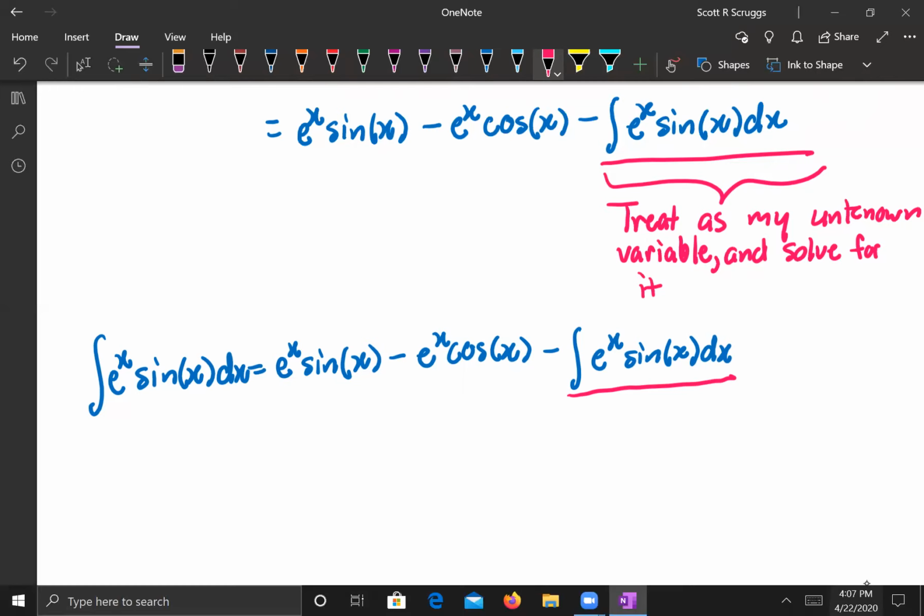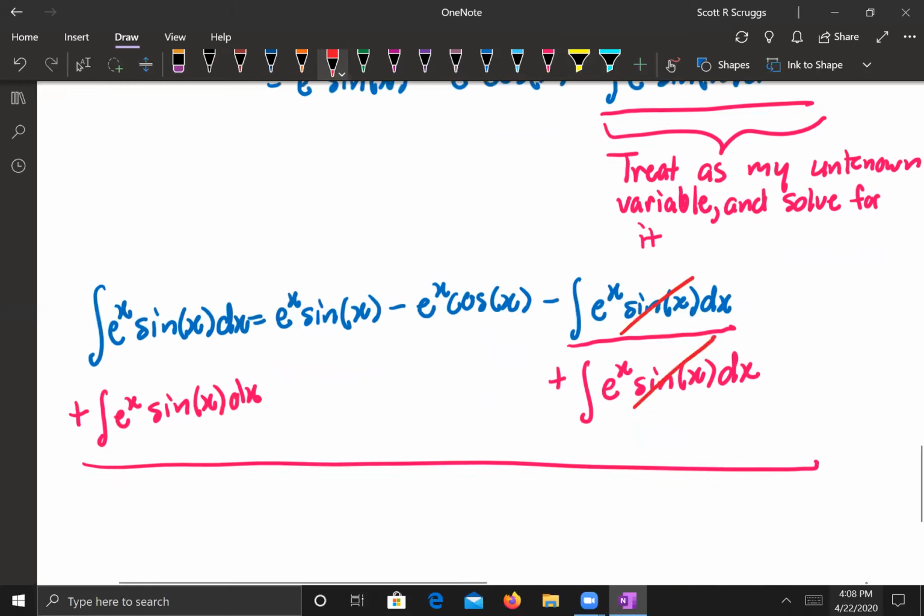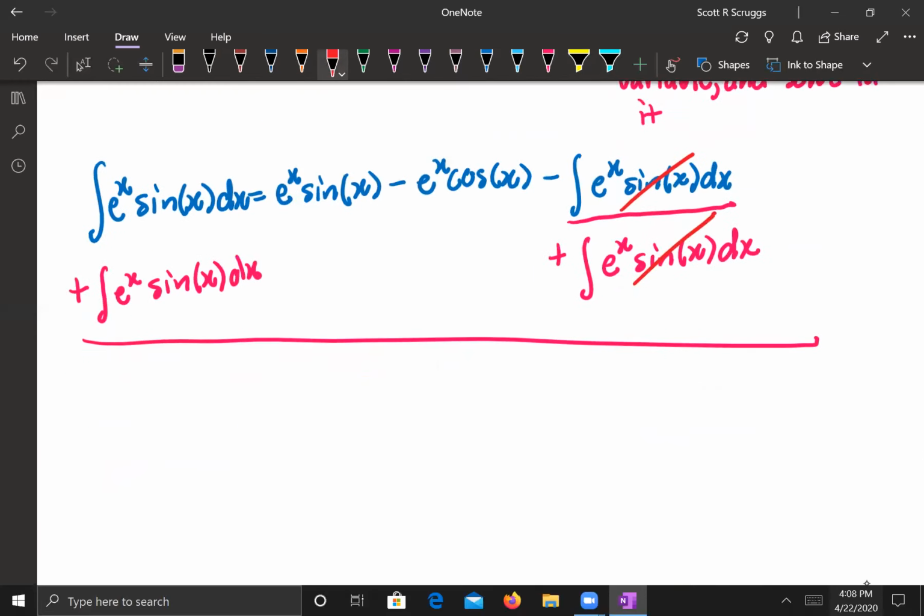First thing I need to do is isolate it on one side of the equation. I can do that very quickly by adding to both sides of the equation the integral of e to the x times sine of x dx. On the right-hand side, those are gone. On the left-hand side, I'm adding the same variable to itself, so I get 2 times that.